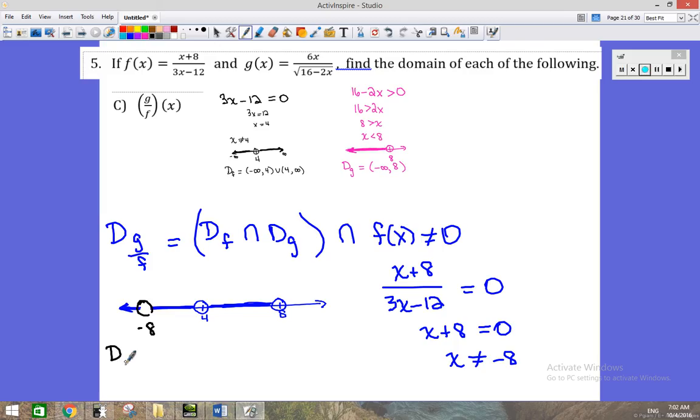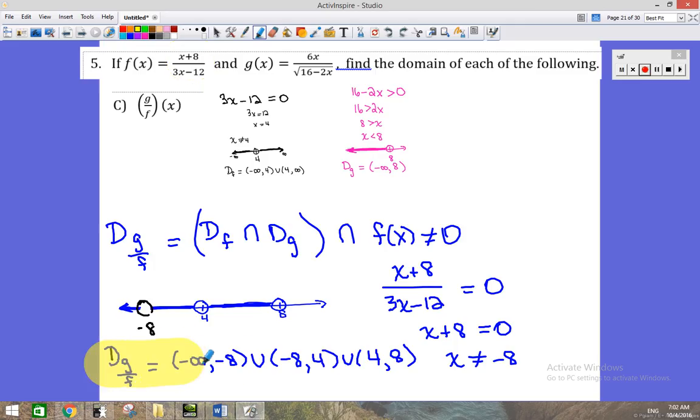So our domain of g over f is from negative infinity up to negative 8, excluding negative 8, up to 4, excluding 4, up to 8. Here is our final answer for part C of problem number 5. So I hope that helps.